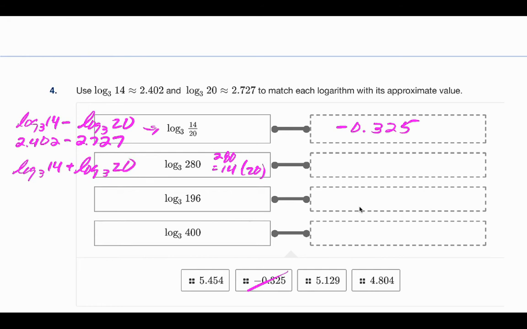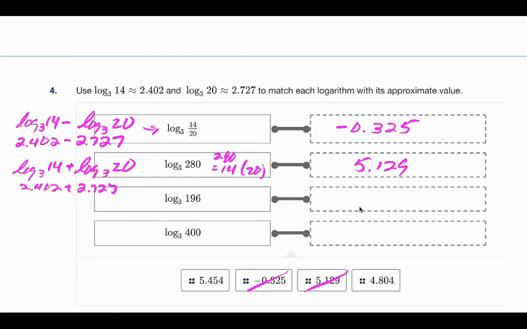And when we add those two together, again, you're going to take 2.402 plus 2.727, and that will give us 5.129. All right. So those two we have done.